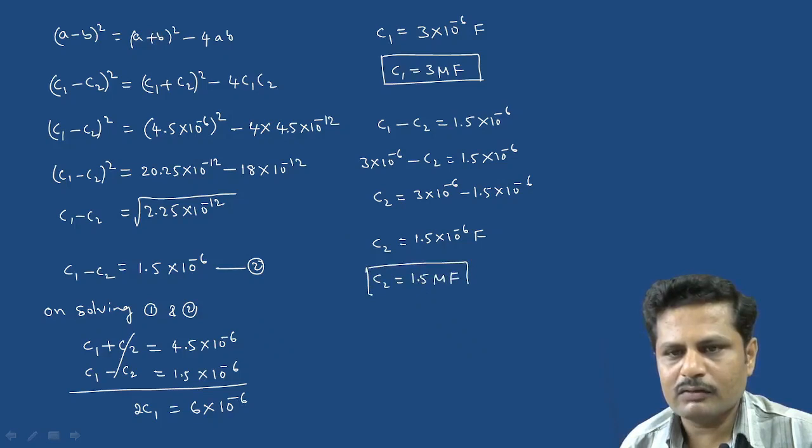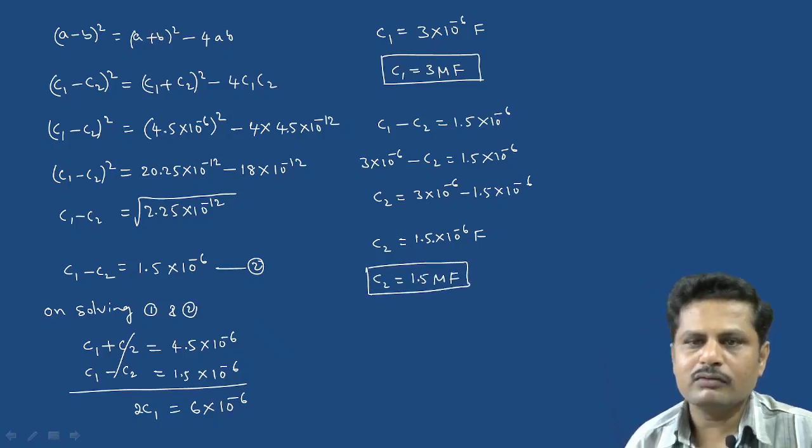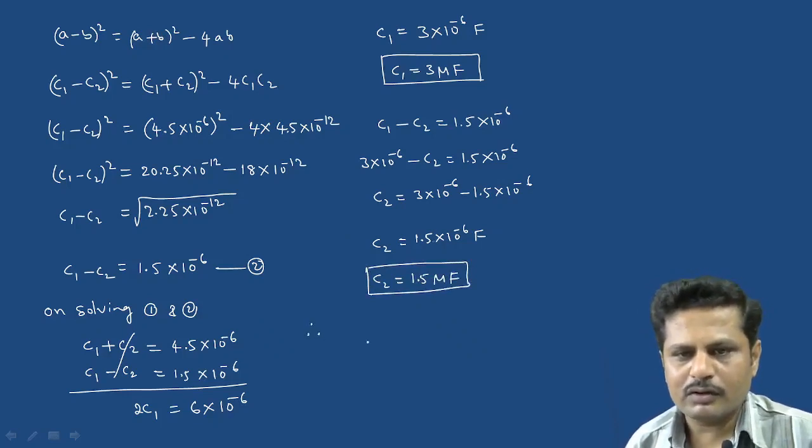So C1 equals 3 microfarad and C2 equals 1.5 microfarad.